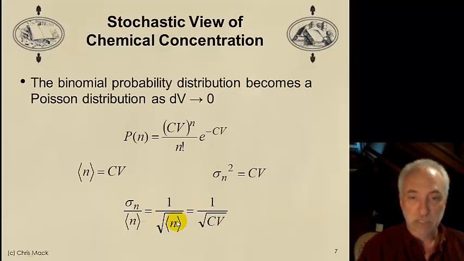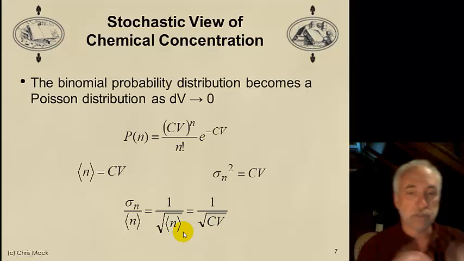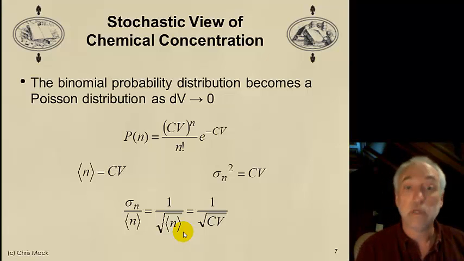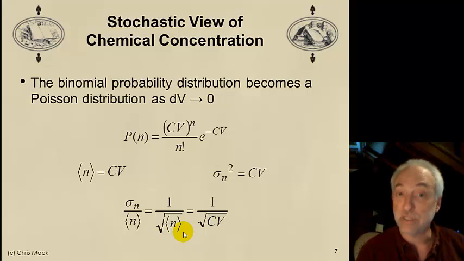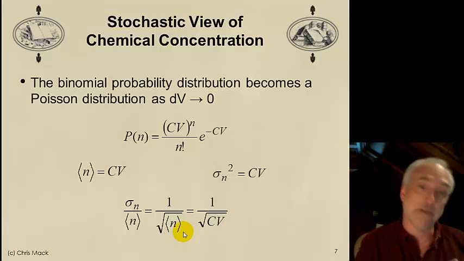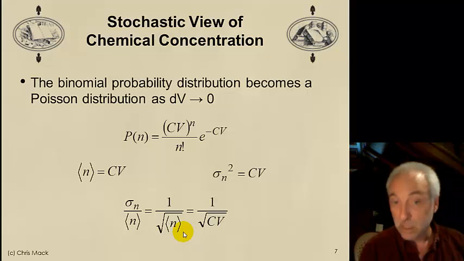So for example, suppose I had 100 particles in a certain volume. Well, 1 over the square root of 100 is 0.1. That is 10% uncertainty in the number of particles. I have 100, but sometimes I have 110, or sometimes I have 90. The one standard deviation is 10% of that number.